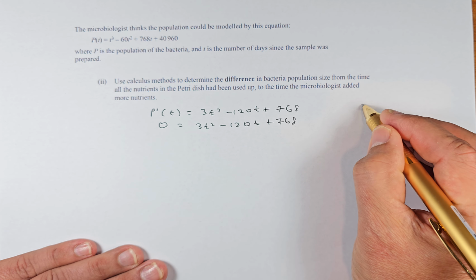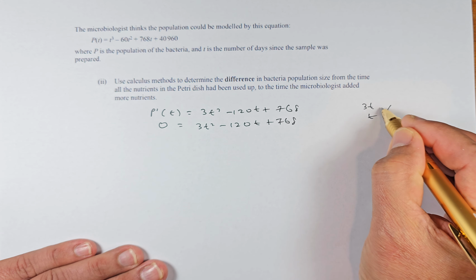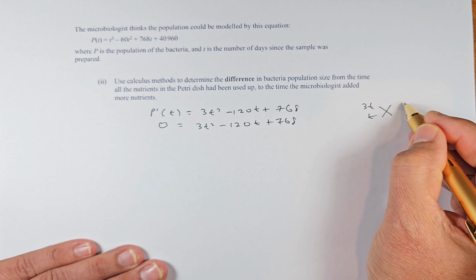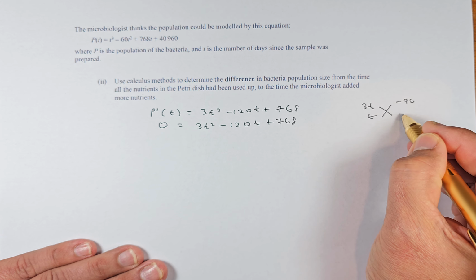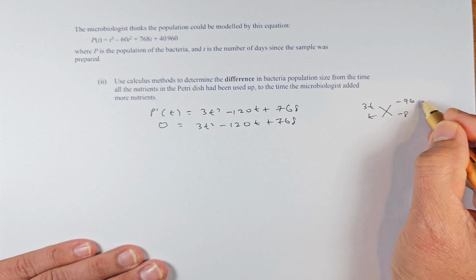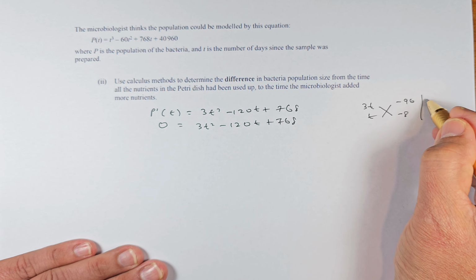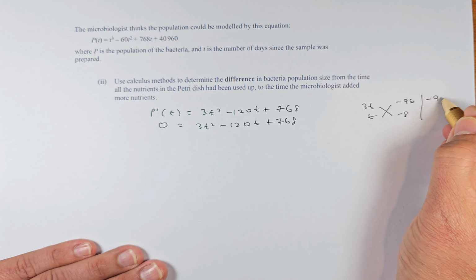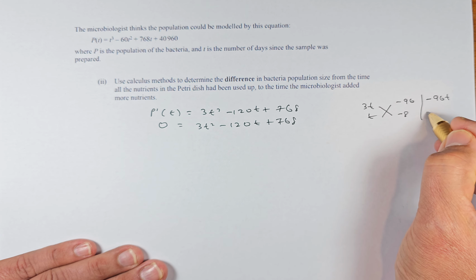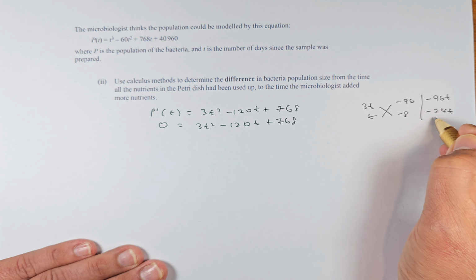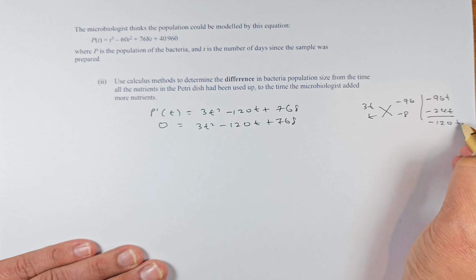I've done it beforehand, so it's 3t and t, and we're going to cross multiply. It's going to be minus 96 and minus 8, and you cross multiply t times minus 96 is minus 96t, minus 8 times 3t is minus 24t, add them up is minus 120t, which is the middle.